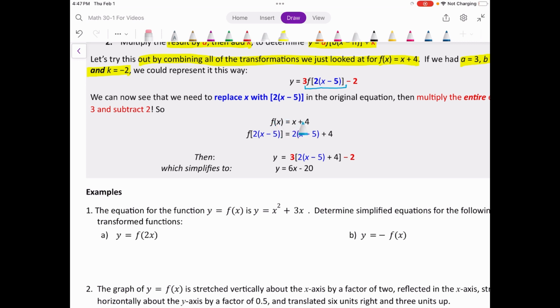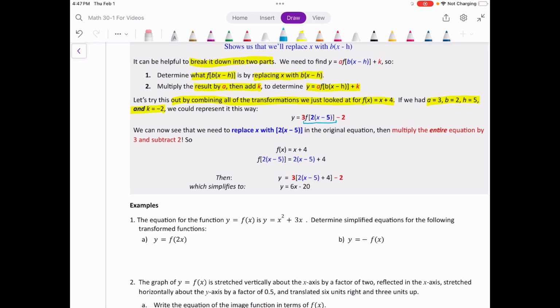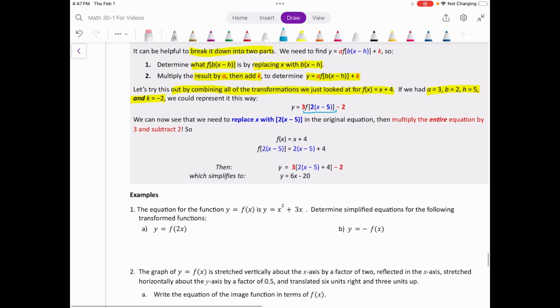So what is f of 2x minus 5? It's 2x minus 5 plus 4. x has just been replaced with 2 times x minus 5. We've replaced x with bx minus h. And there we go. We've now found that part of the transformed equation.